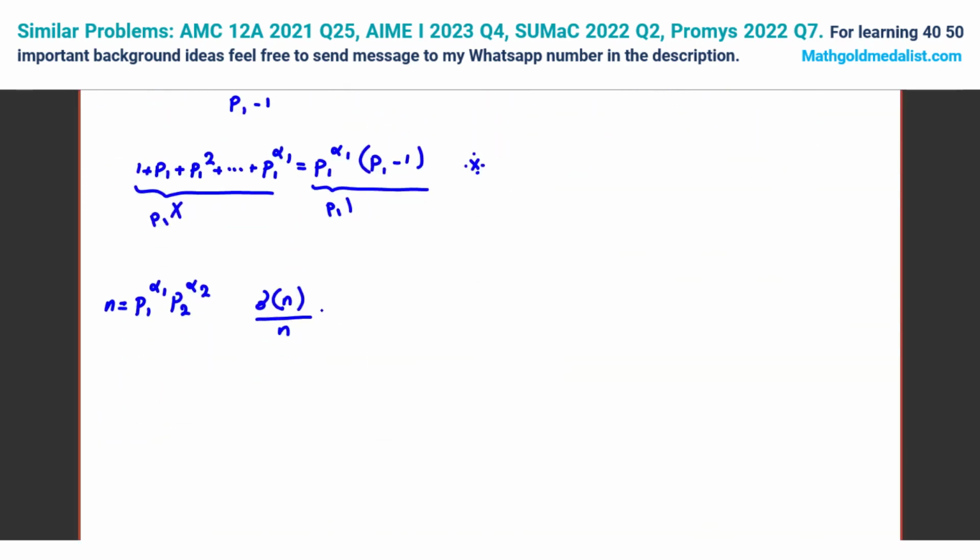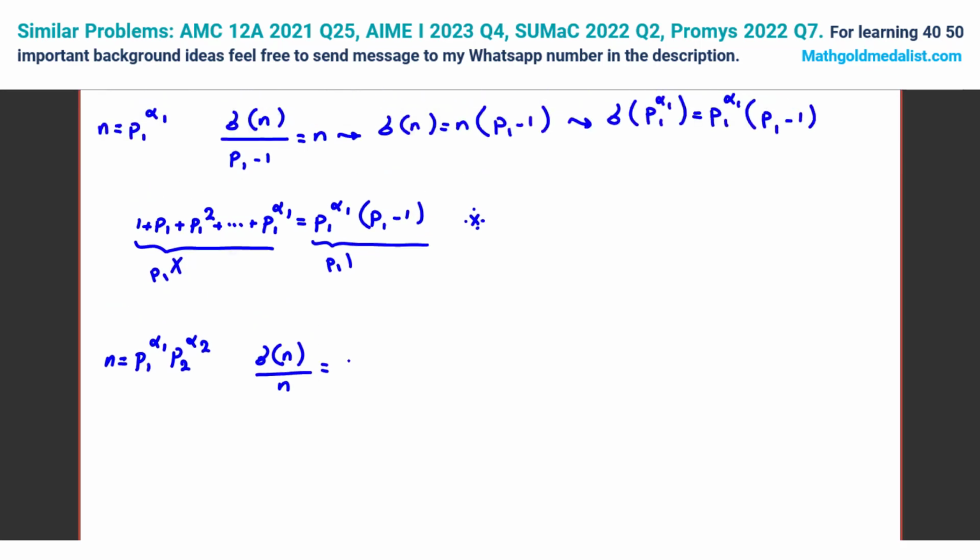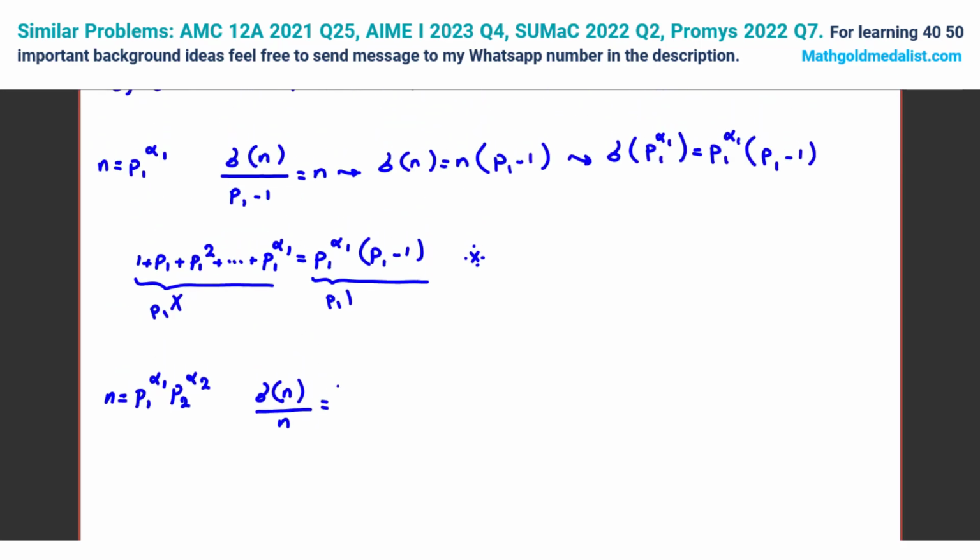We should write it like this. Without loss of generality, suppose p1 is less than p2, so the largest prime is p2, and we get p2 minus 1. Sigma n is what? Because n is p1 to the alpha 1 times p2 to the alpha 2, it is 1 plus p1 up to p1 to the alpha 1 times 1 plus p2 up to p2 to the alpha 2.